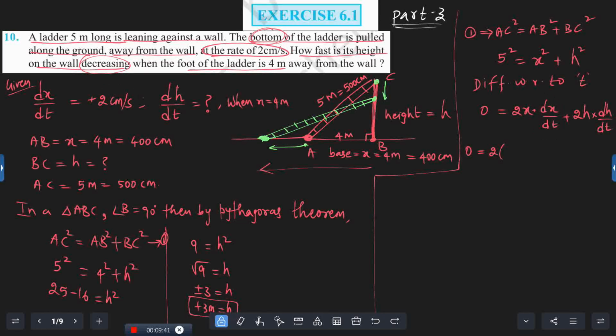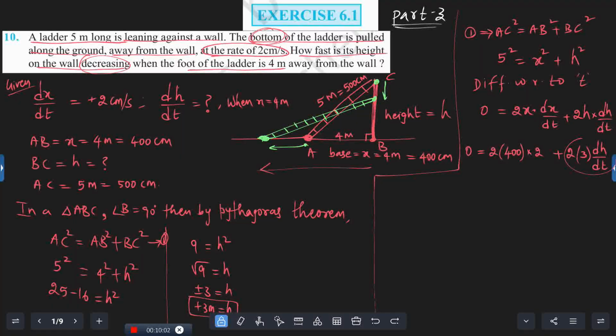The x value is 400 centimeters, and dx by dt is 2 centimeters, plus 2 into the h value. The H value we have got, that is 3. And dh by dt we don't know.